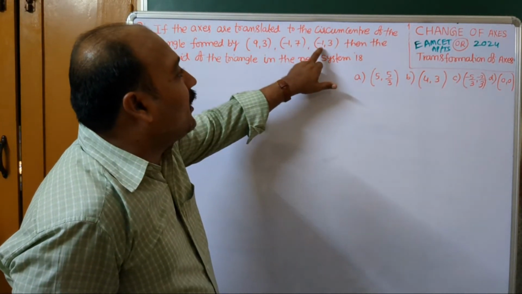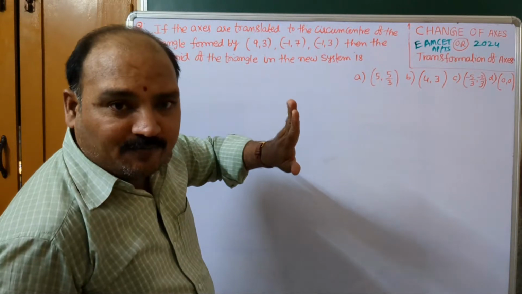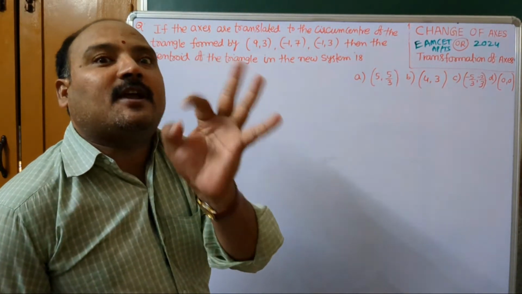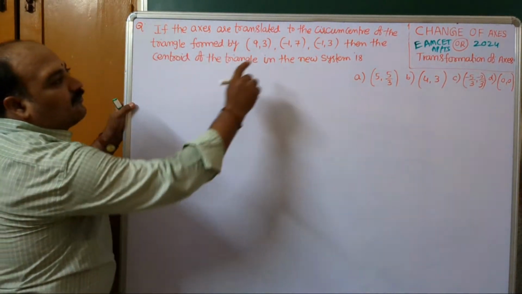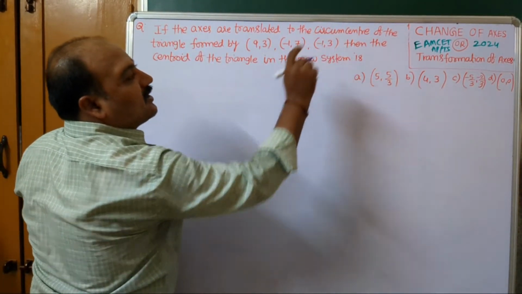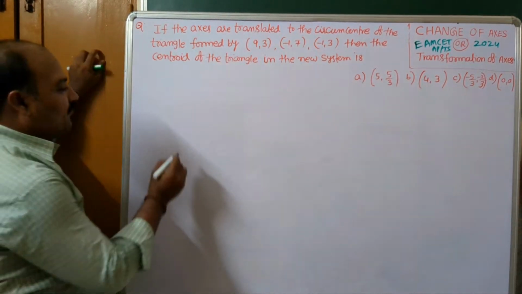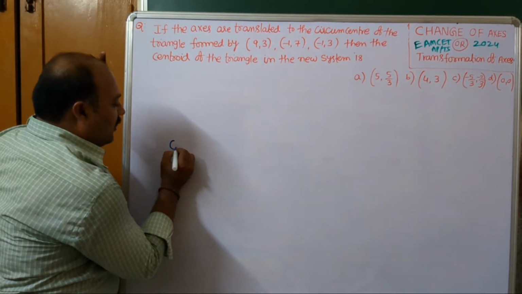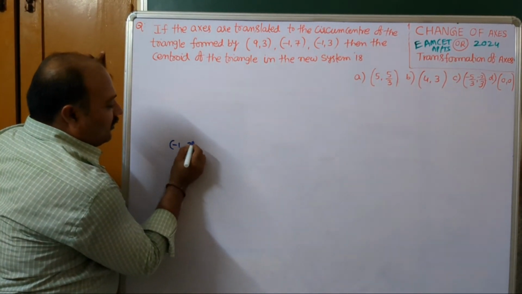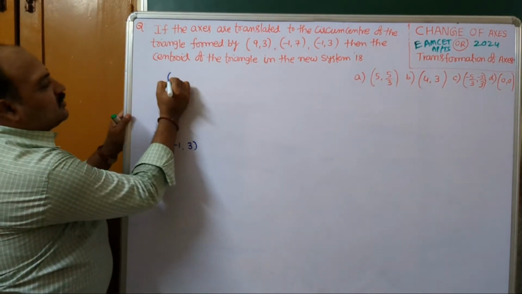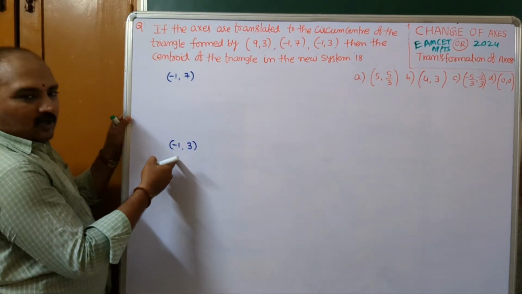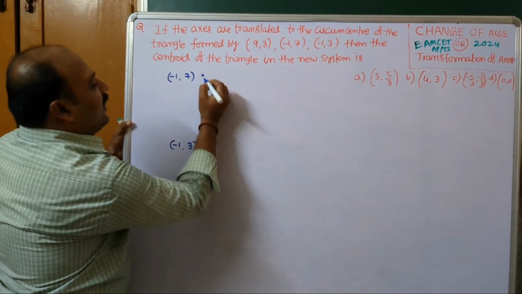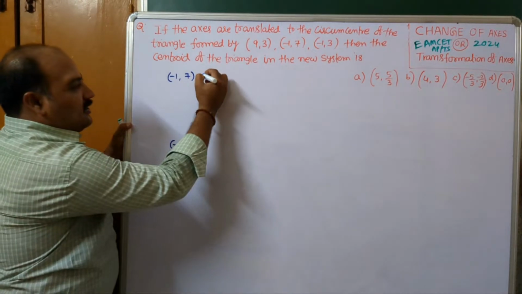Whenever x coordinates are equal, it forms a vertical line. See, the figure will come like this: minus 1 comma 3 will be here, minus 1 comma 7. X coordinates are equal, it forms a vertical line. So join these two.